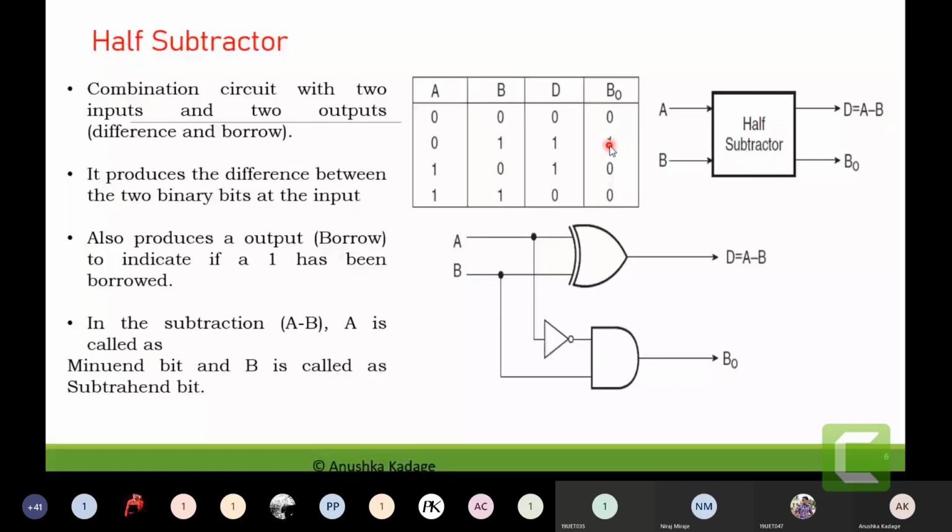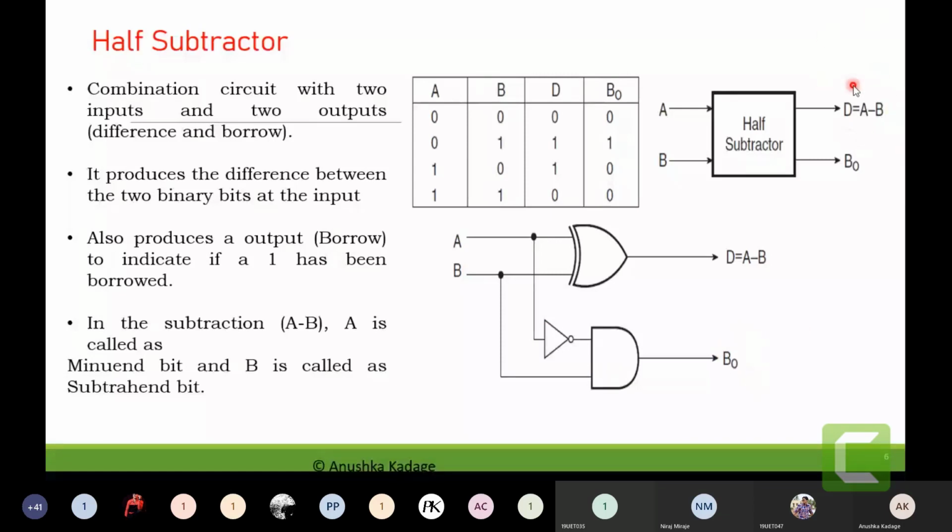So 1 is present for the input combination of A bar and B. So we have taken this ANDing operation for the terms A bar and B, which is the specification for this B out or borrow out value.